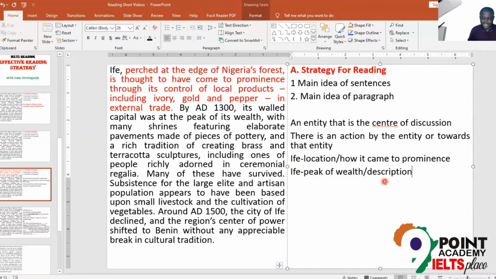So you can see that I normally say the main idea of a paragraph is often in the first two sentences.